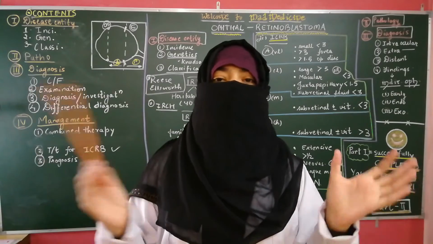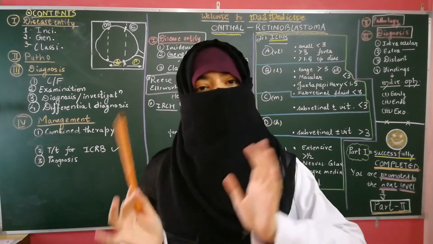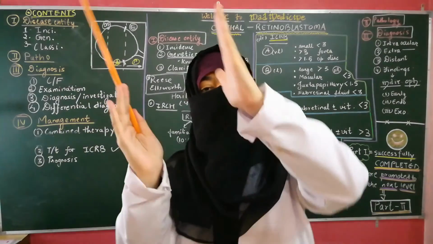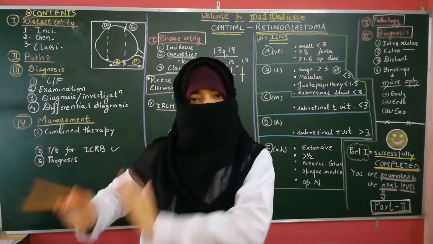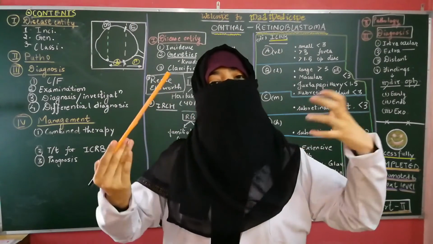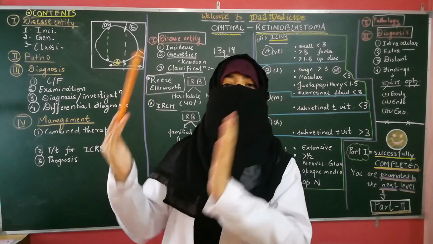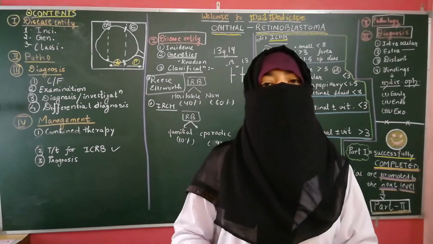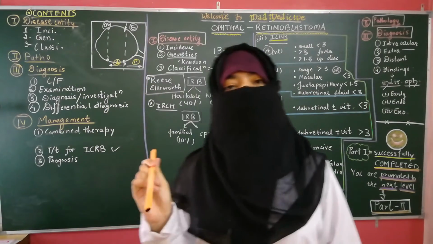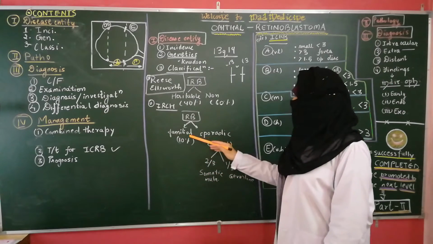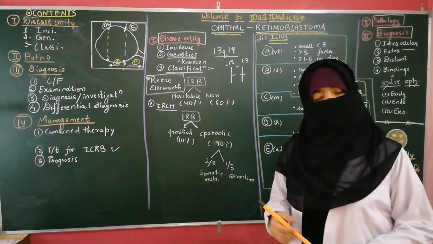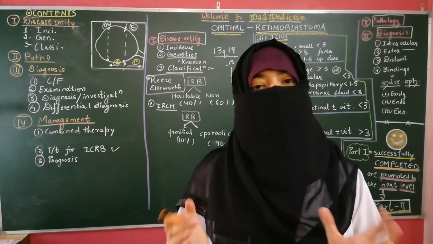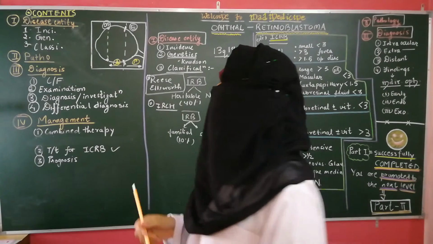So 10% are familial and 90% are sporadic. Out of that 90%, 2/3 are because of some somatic mutation, and the rest 1/3 are because of germline mutations. Okay, familial, sporadic, somatic and germline mutations, all this we've discussed, right? So that was the genetics also.